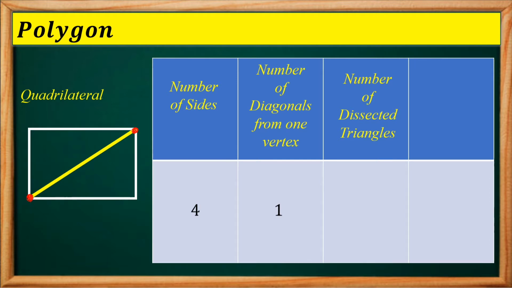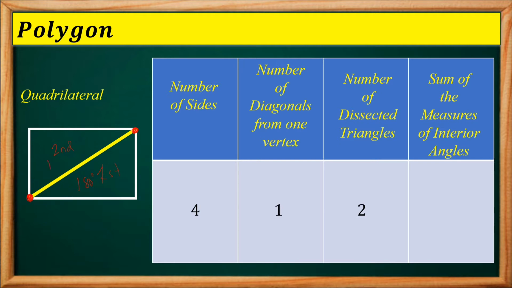Now, based on this, number of dissected triangles. Given the diagonal, how many triangles do we have now? The first triangle, this would be our first triangle, and this would be our second triangle. We have 2. Next, sum of the measure of the interior angles. On the first triangle, remember in a triangle, the sum is 180.